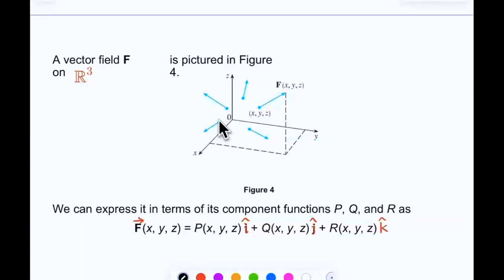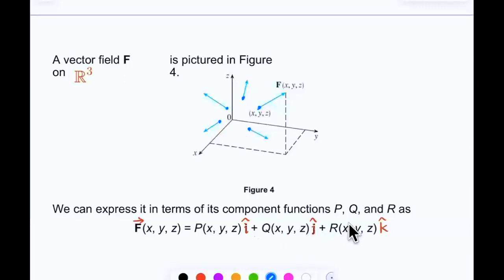Every point over here in R3, we associate with a three-dimensional vector. The output of the function will be three-dimensional vectors. We can express this vector field in terms of its component functions P, Q, and R. So now it has three components, i, j, and k, and those scalar functions P, Q, and R. You can call it a scalar field or scalar function, either way.